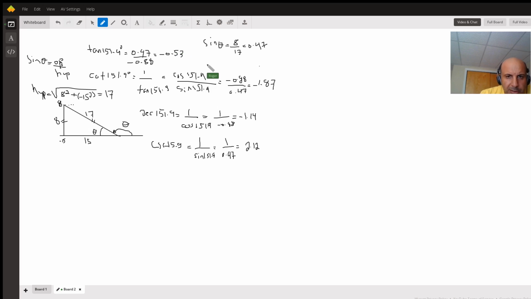The tangent of theta is equal to opposite over adjacent. Well, we already did tangent theta. We're going to do something different. We'll do cosine theta. So cosine theta is going to be equal to adjacent over hypotenuse. So it will be 15. Now it's negative 15 over 17. So negative 15 over 17 is minus 0.88. Same as we got here.